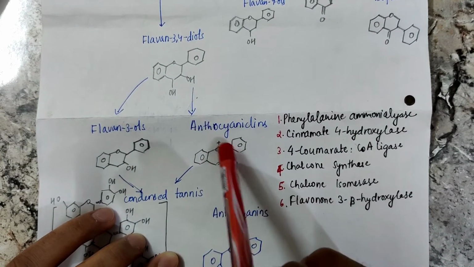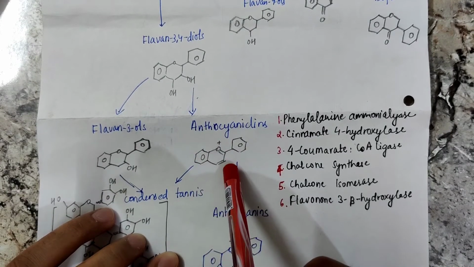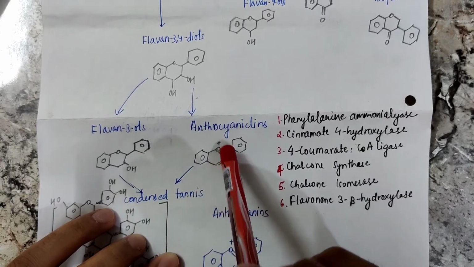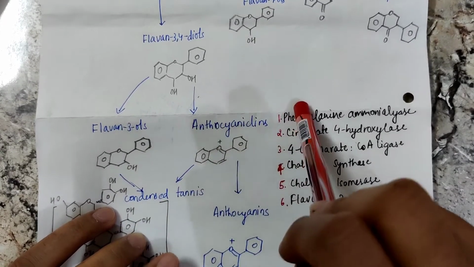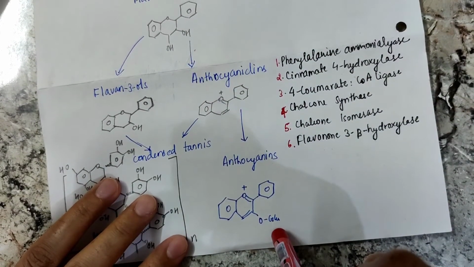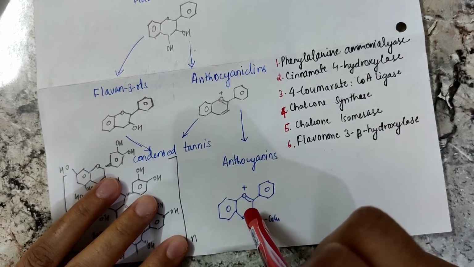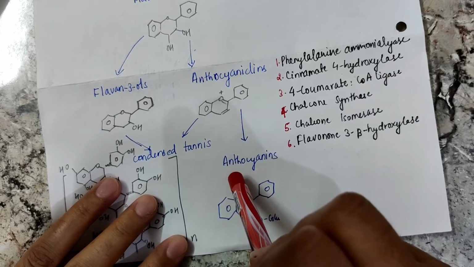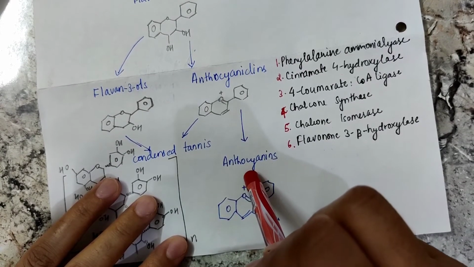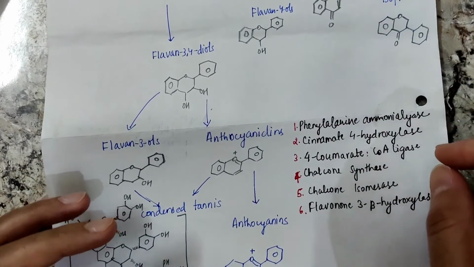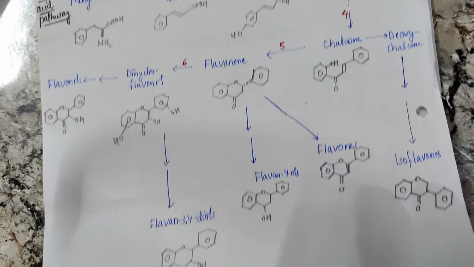In this case you get an aromatic ring C, in which oxygen will have a positive charge, and this further can be converted into anthocyanins.